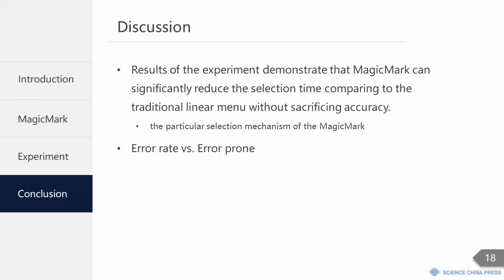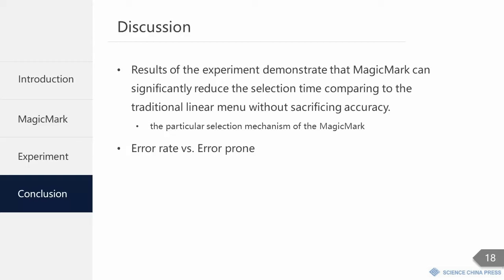Results of the experiment demonstrate that MagicMark can significantly reduce the selection time comparing to the traditional menu without sacrificing accuracy. We attribute this performance gain to the particular selection mechanism of the MagicMark menu. To select a menu item, the MagicMark menu does not require any additional confirmation gesture, but a directional gesture.